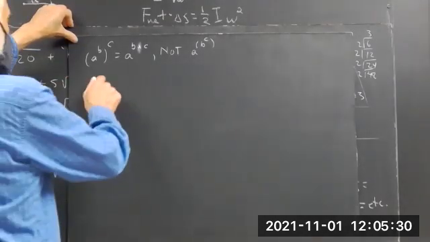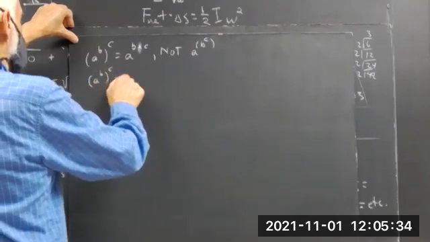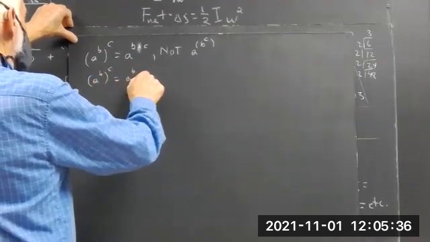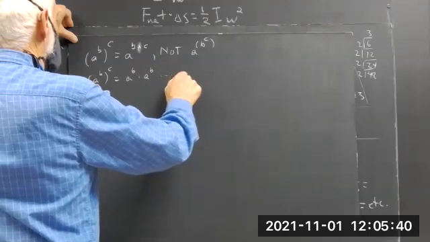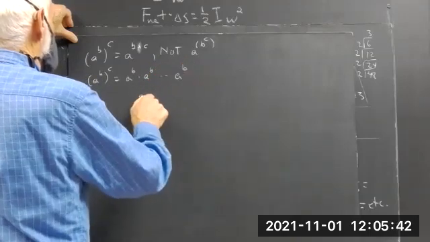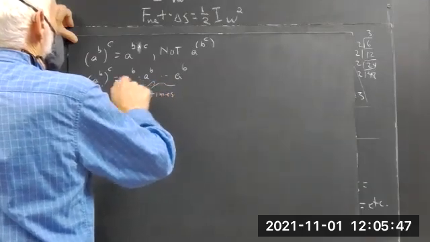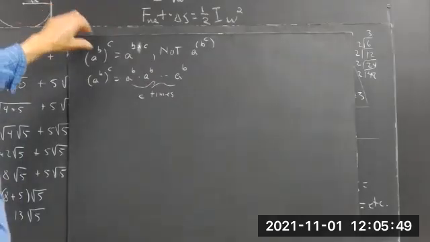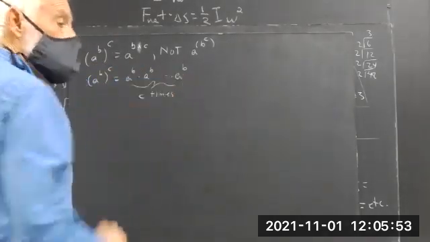Okay, so you got a to the b multiplied by itself c times, right?